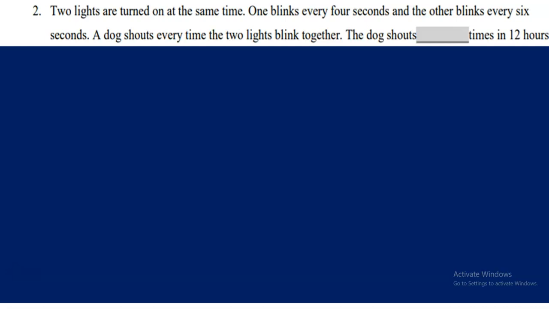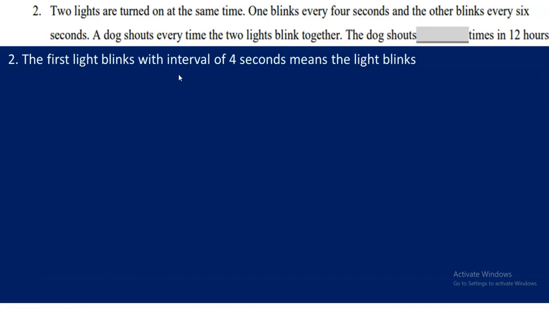This recalls the LCM concept, because it is when we have a common multiple of 4 and 6 seconds that we can have the shouting of the dog. So the question is, for 12 hours, if this persists, how many times do you think the dog shouts or barks? To answer this, you need to recall LCM, the least common multiple of different numbers.